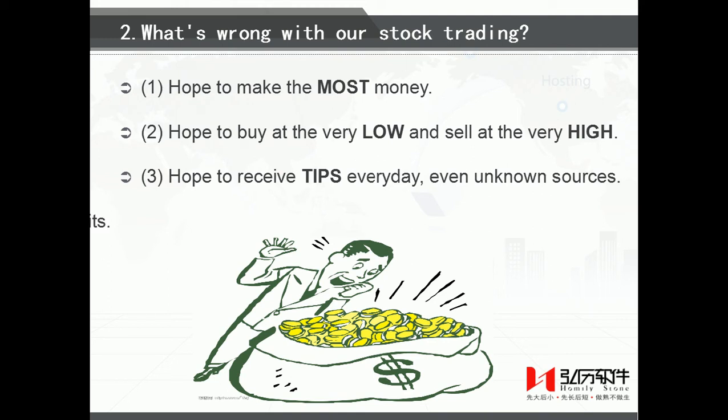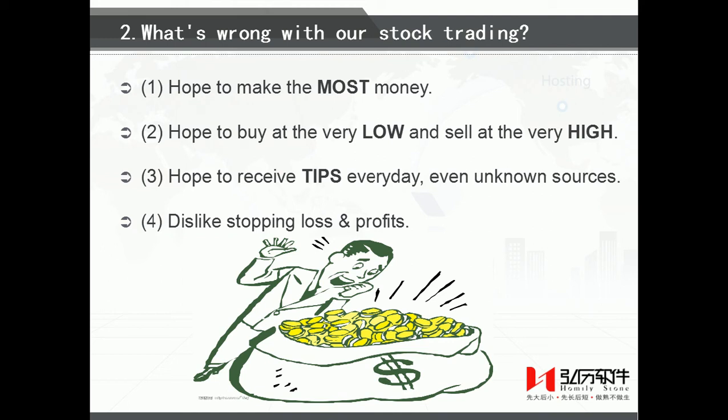And the fourth part, disliking stopping loss or taking profits. Here I have to emphasize disliking stopping loss. As we all know, stopping loss is very painful, right? But for stopping profits, if you make money, you want to take profit.